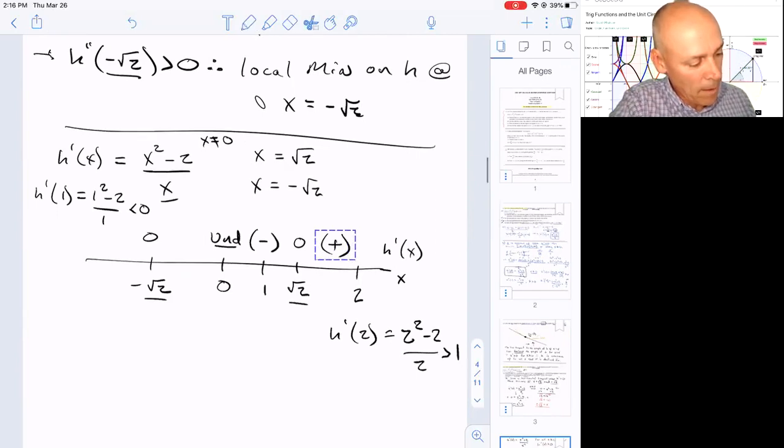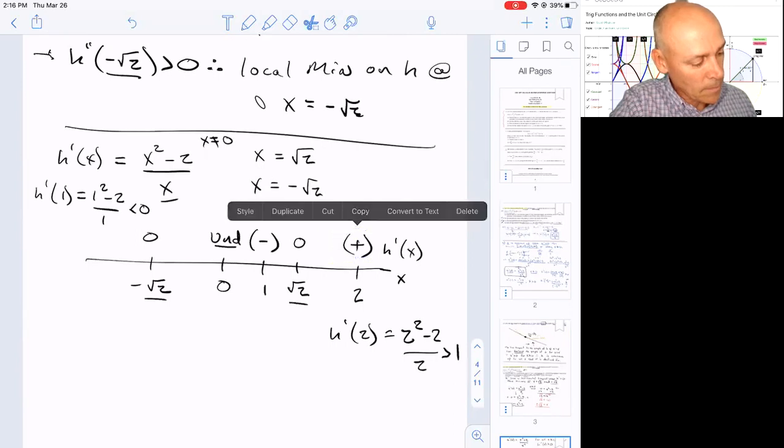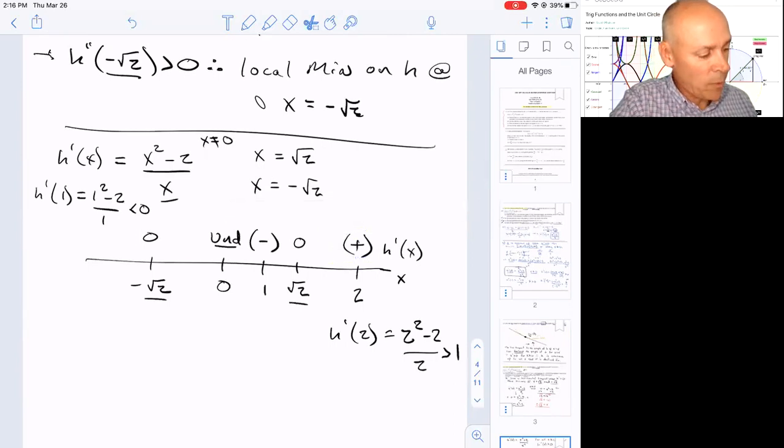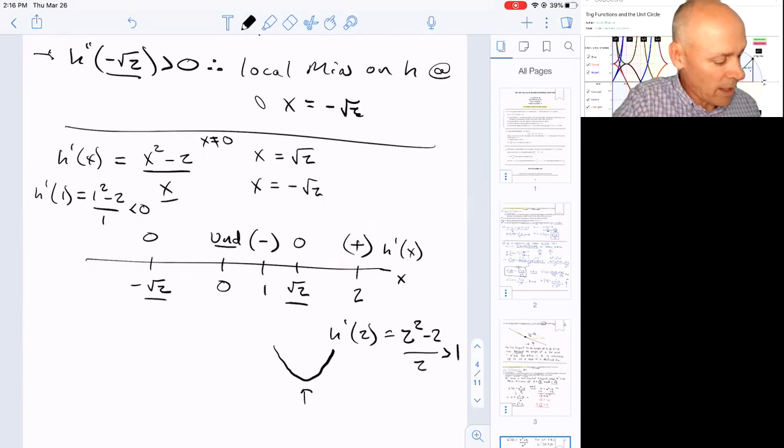That makes sense: I'm going from a negative slope on h to 0, it bottoms out, and then it becomes positive right here. So yep, that looks like a relative or local min, just like I said.